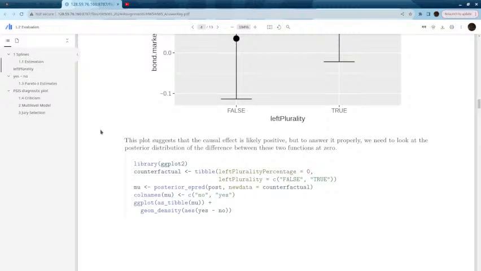The first column is constant, we're just going to set that to 0, and then the second column is whether the left has a plurality or not. So we're looking right at the threshold. This is why they refer to that as a local average treatment effect. We're talking about the causal effect of essentially going from almost having a plurality to just barely having a plurality.